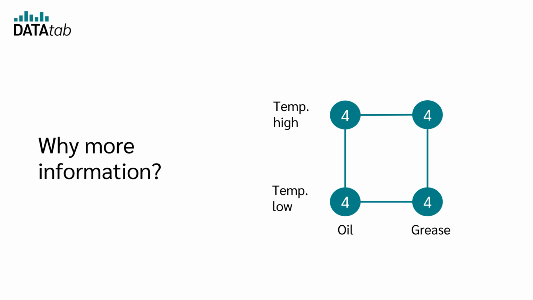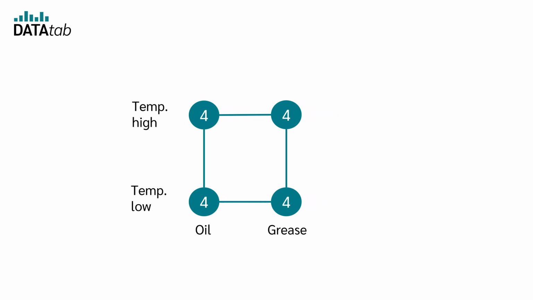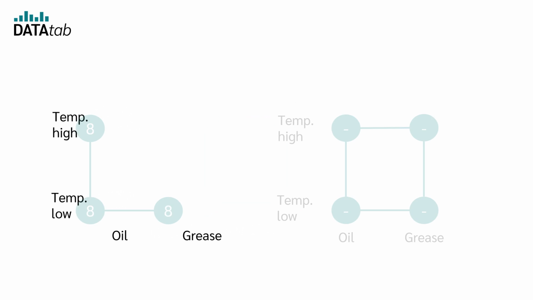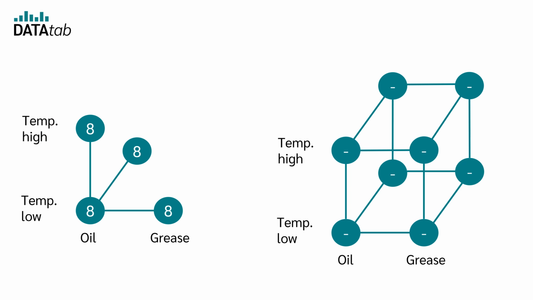Why more information? We now also know whether there is an interaction between temperature and lubrication. For example, oiled bearings may show a variation in frictional torque at different temperatures, which is not observed with greased bearings. This information would have been lost previously. Now, when we have 3 factors instead of 2, the savings are even higher.